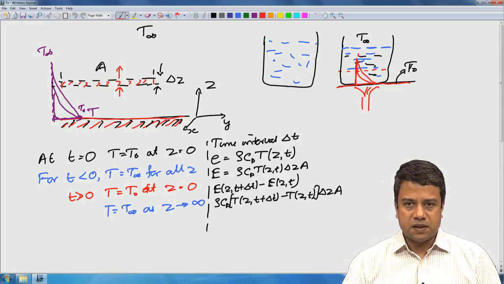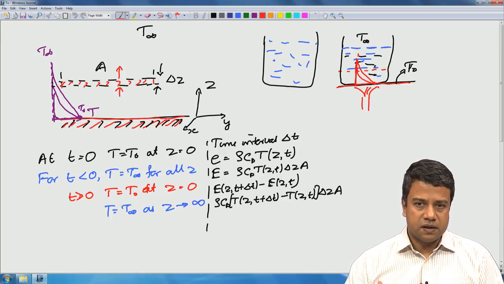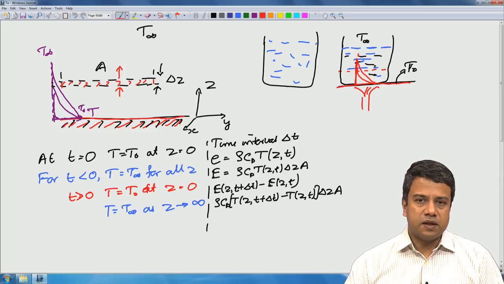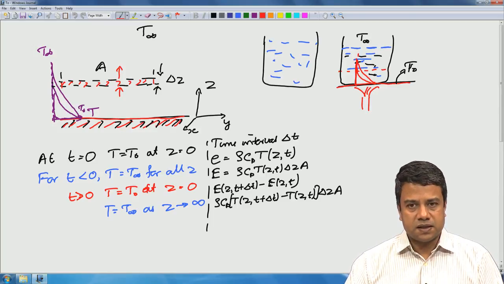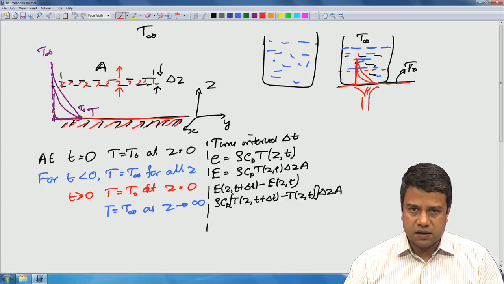So long as the depth of penetration of the heat into the fluid is much smaller than the height of the fluid, you can consider it to be infinite in the z direction. In that sense it is an idealization. We will come back and see under what conditions this idealization is valid.